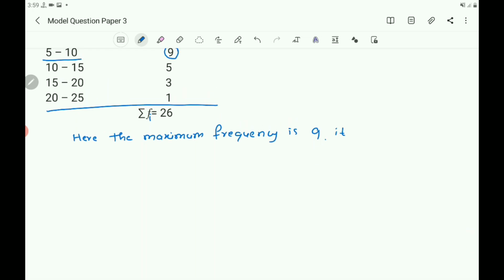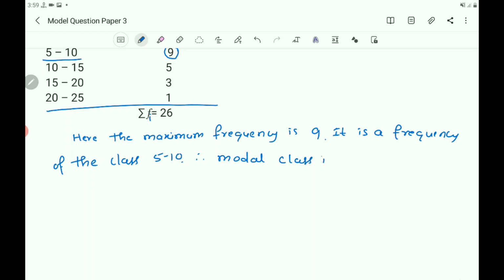It is the frequency of the class 5 to 10. Therefore, the modal class is 5 to 10.